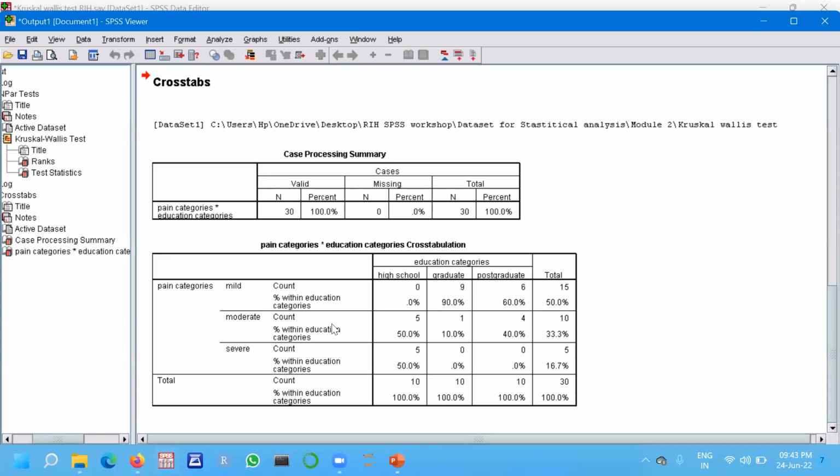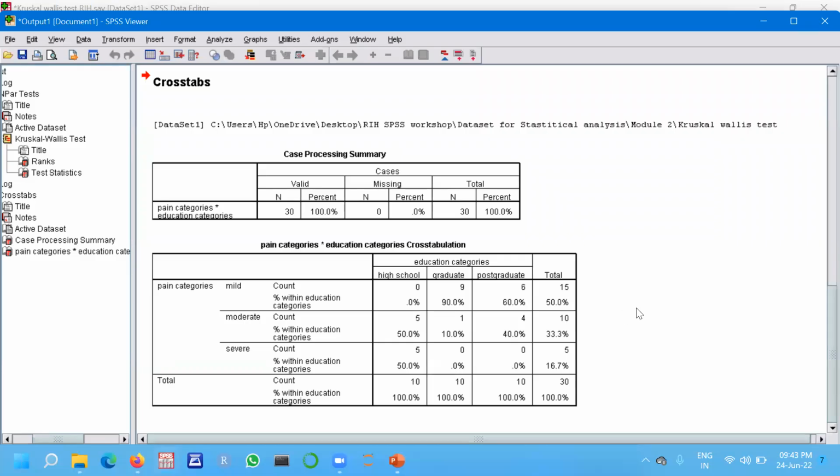Moderate pain: 50% in high school, 10% in graduate, and 40% in postgraduate. Severe pain we can see in the high school. So there is no severe pain in graduate and postgraduate.